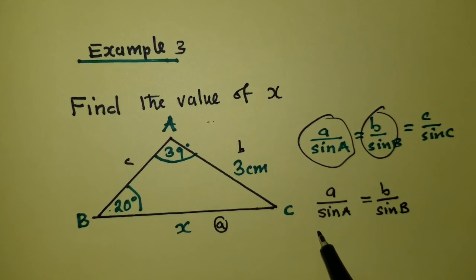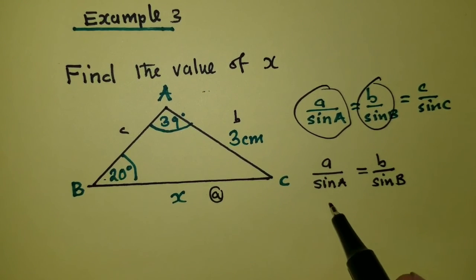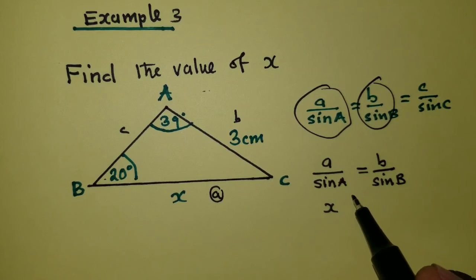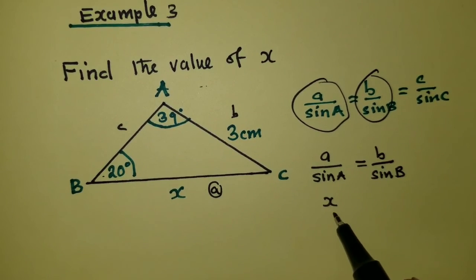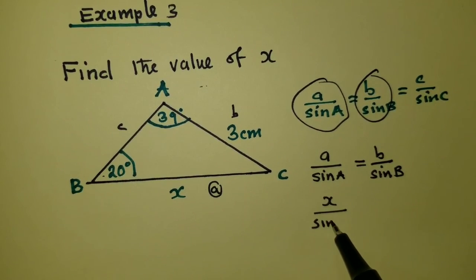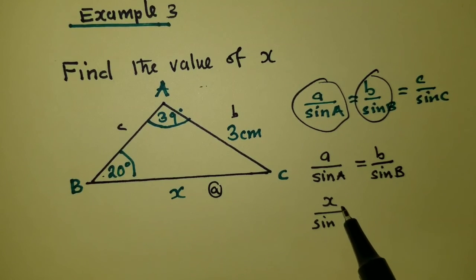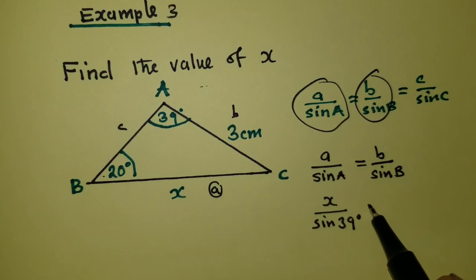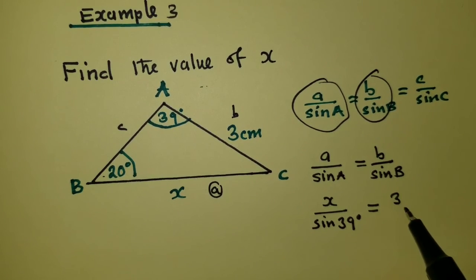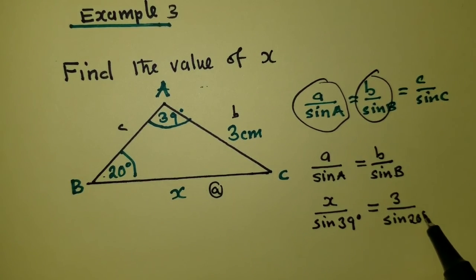Okay, so what is our small letter a? That is x. It's a side that we're looking for. Over sine. What is our capital letter A? That is 39 degrees. Equal to b, we have a 3 here, over sine 20 degrees.